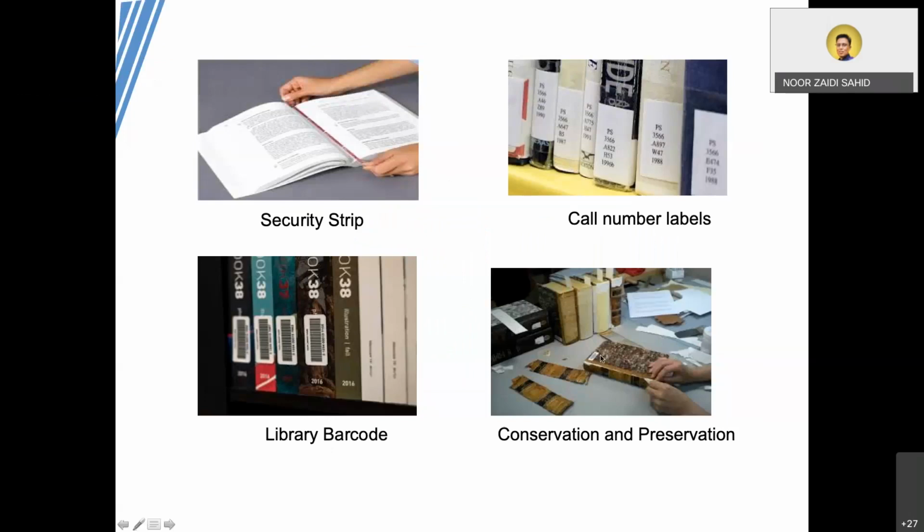Walaupun the conservation and preservation actually part of records and archive management program, but there's also conservation and preservation processes in library as well. So ini juga dilaksanakan di library, terutama bagi buku-buku yang rosak yang masih digunakan.